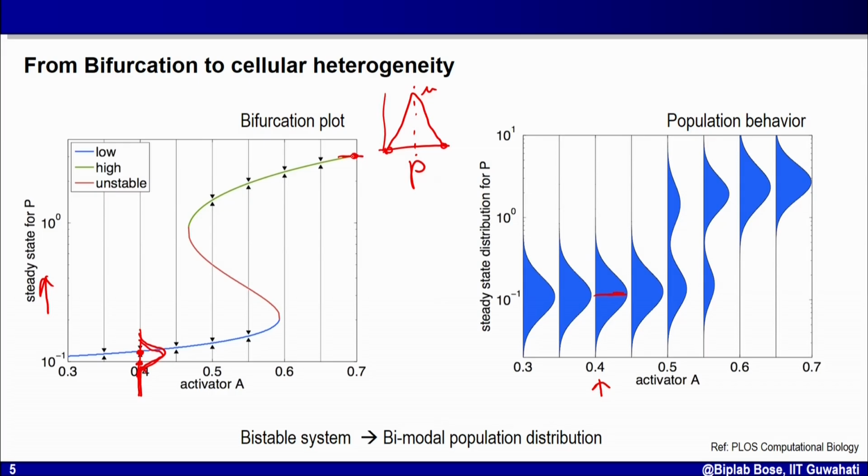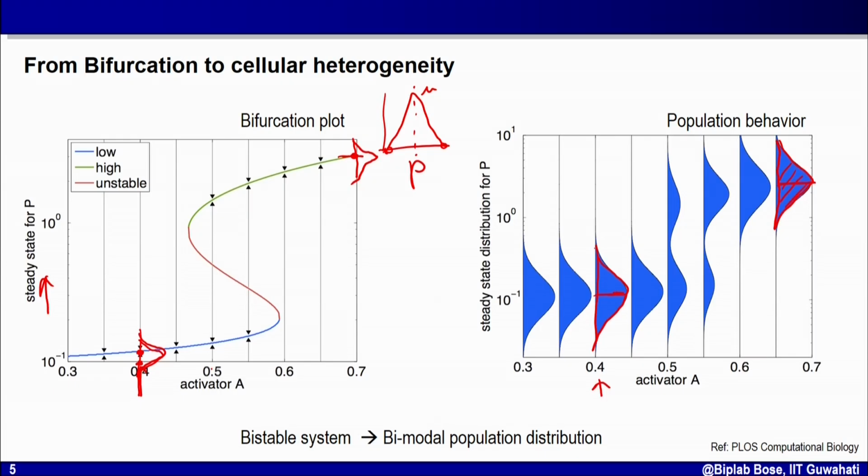But again, I will have a distribution. All cells will not have the same value, but rather you have a distribution around this. So that's what we get here. The mean value is this one, and you have a distribution around this. So when I have a low signal, I have a population distribution like this. When I have a high signal, I have a population distribution like this one. In between, what will happen?